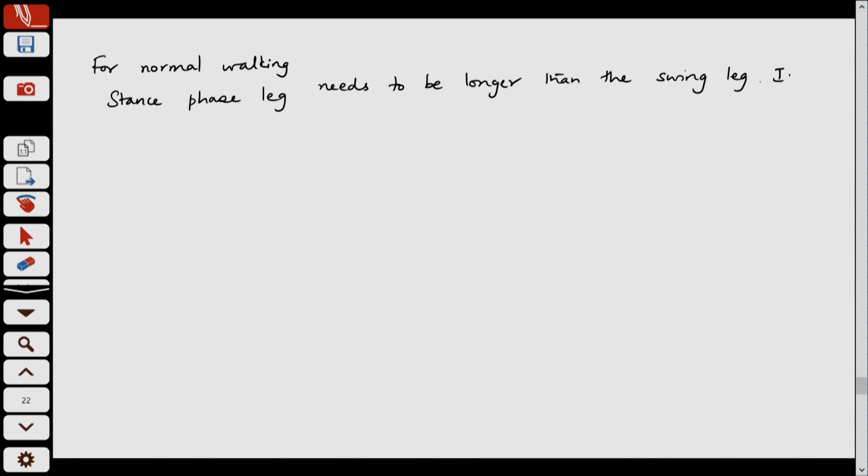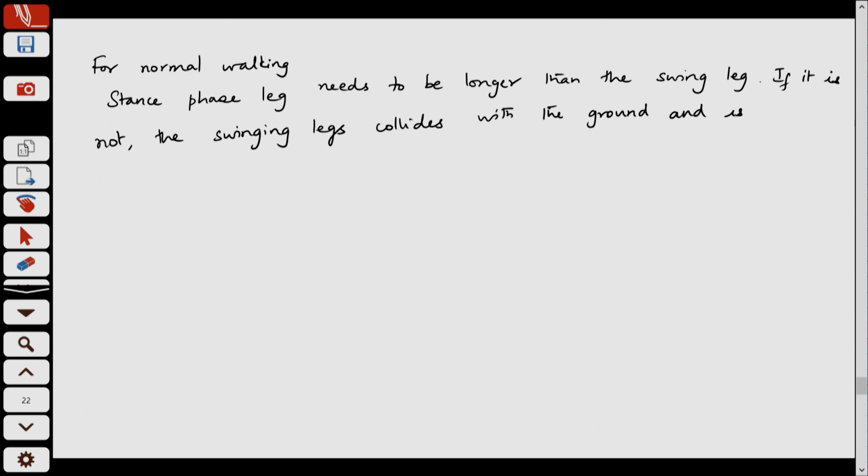If it is not, the swinging leg collides with the ground and is unable to move forward past the stance leg.